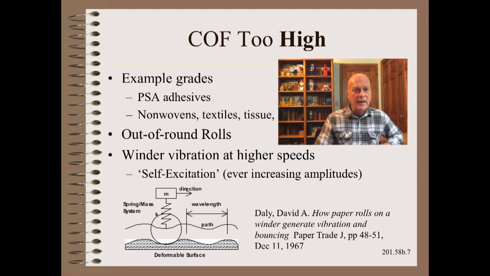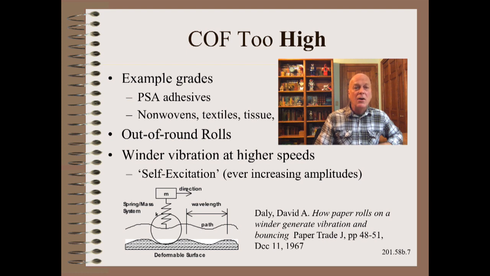If, on the other hand, the Web-Web COF is too high, you risk both out-of-round rolls and, at higher speeds, pounding winder vibration, or tension-slapping unwinding at your customer. These problems, while studied, are very complicated and thus cannot be covered here. All we will say is that most tissue and nonwovens are at great risk here, but also many paper grades are as well.